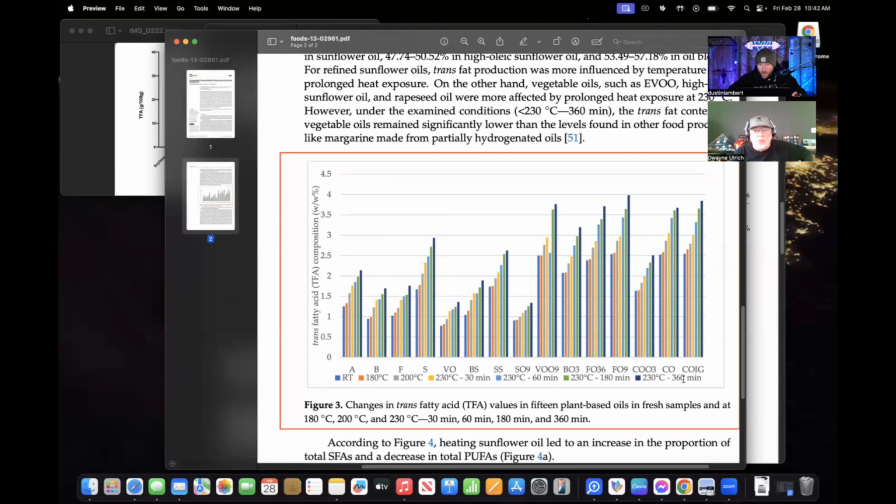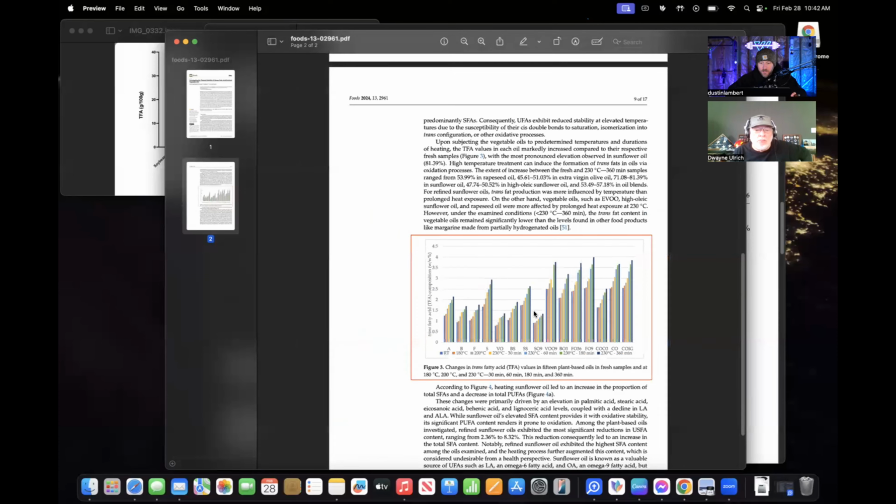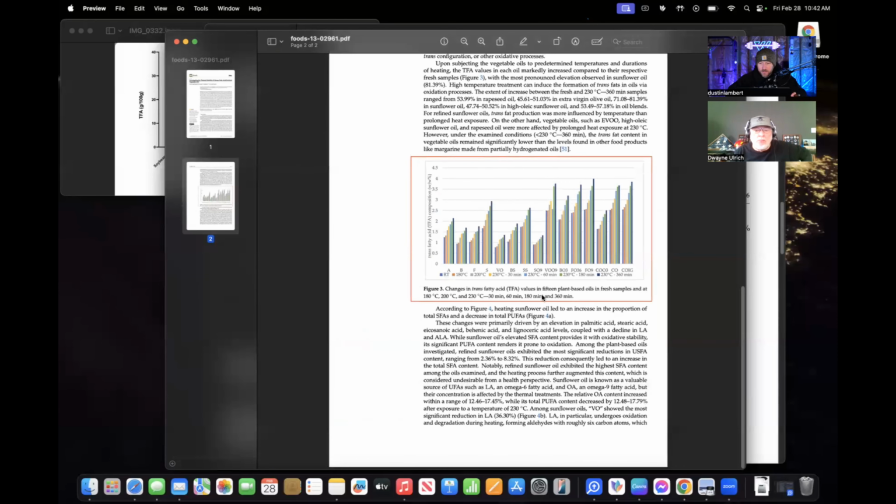That's 6 hours, folks. The change between room temperature and 230 degrees for 6 hours is about 1.25%. That's the amount of change we're seeing on pretty much all of these, which just isn't that much. The alarm just isn't there.